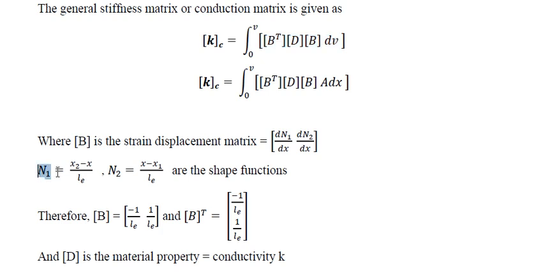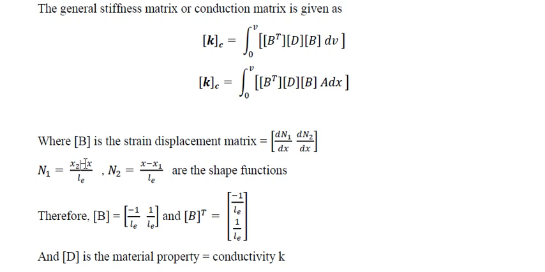Now we know that N1 is (x2 minus x) by Le, and N2 is (x minus x1) by Le, which we have derived just now. We substitute these N1 and N2 in this expression. Then what is the derivative with respect to x?